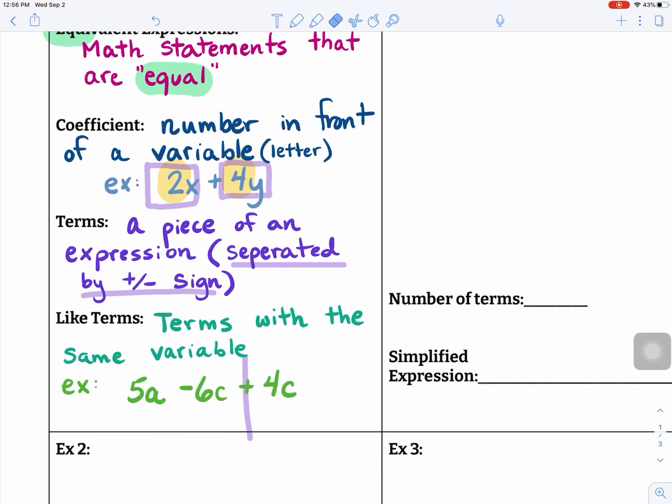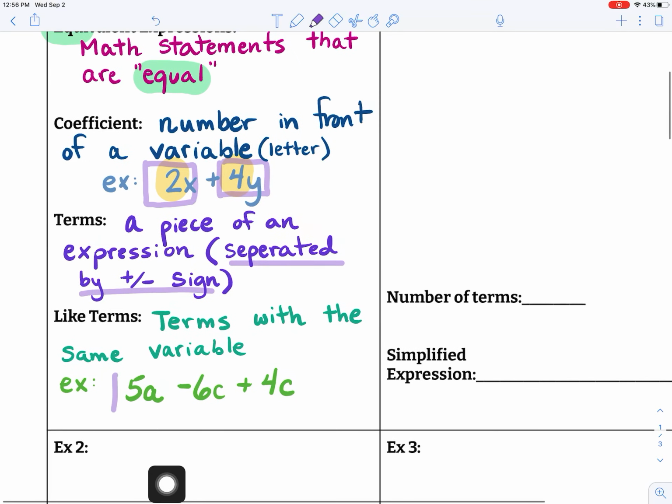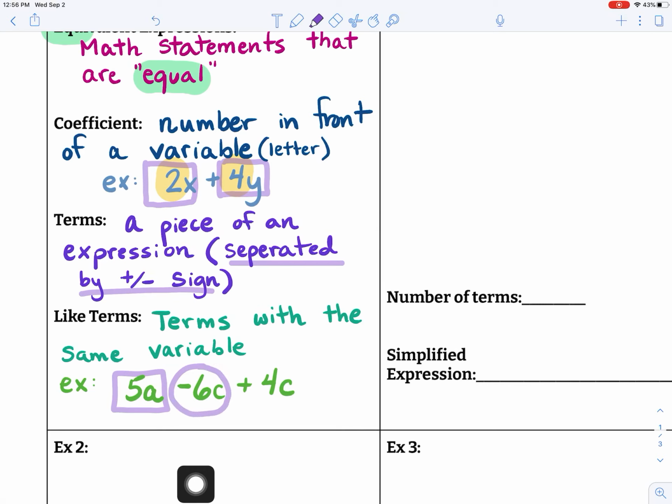The one really important thing to understand is that math reads from left to right just like English. So when I read this, I see a 5a, and then I'm seeing a minus sign, so I know that there must be the start of a new term. I see a 6c and then a plus sign, so I know that this must be a new term. But saying that it is a minus 6c, that minus sign gets attached to the 6. So technically we would say that this coefficient is a negative 6 or a minus 6.